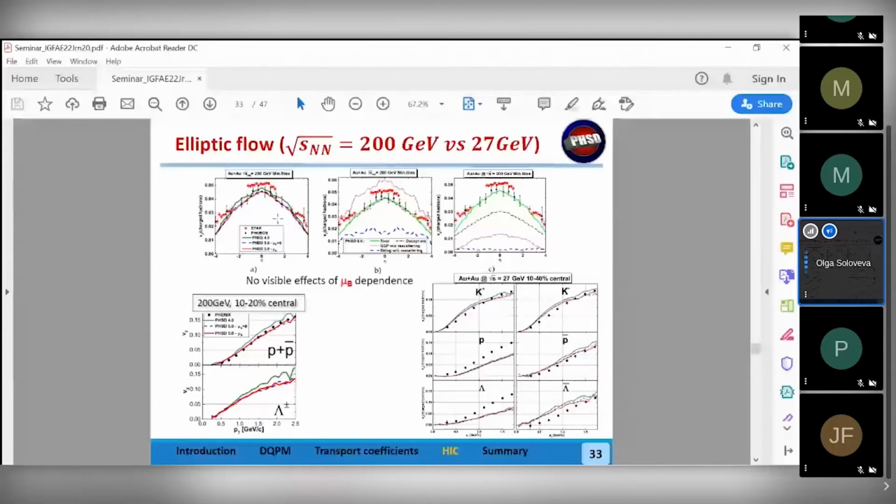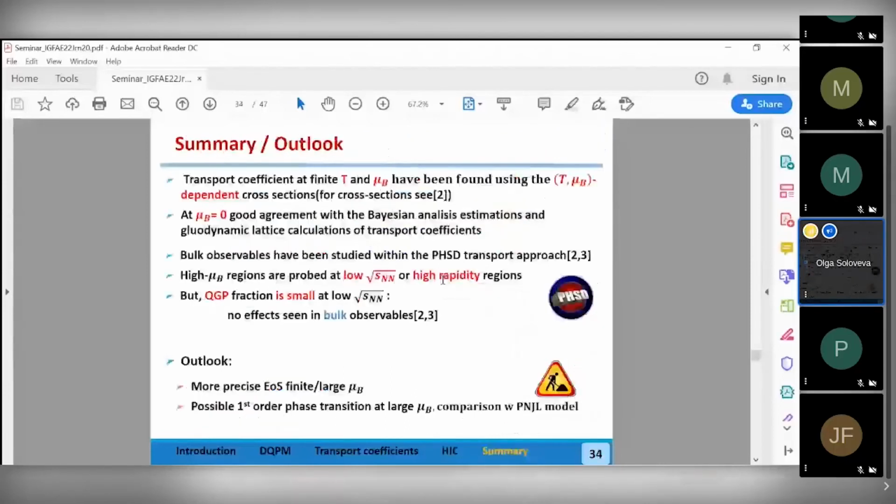But unfortunately, we didn't see MIB dependence in observables, because at high MIB regions, which are probed at low square root of s, the QGP fraction is small. And the effect of MIB cannot be seen, while at high energies, the MIB is very small. So our conclusion is that it's very hard to see on observables the effects or the characteristics of the QGP phase.